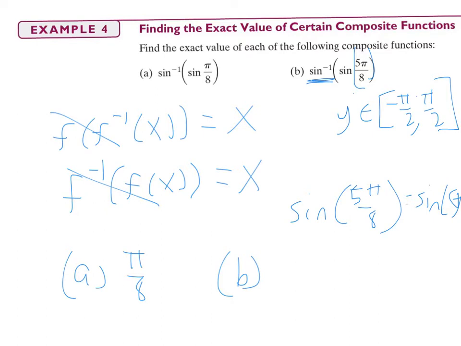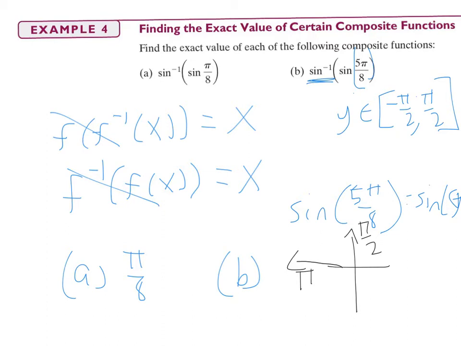So to draw you a little diagram, 5 pi over 8, you can tell is between pi over 2 and pi. Pi over 2, which is on the positive y-axis, is 4 pi over 8.